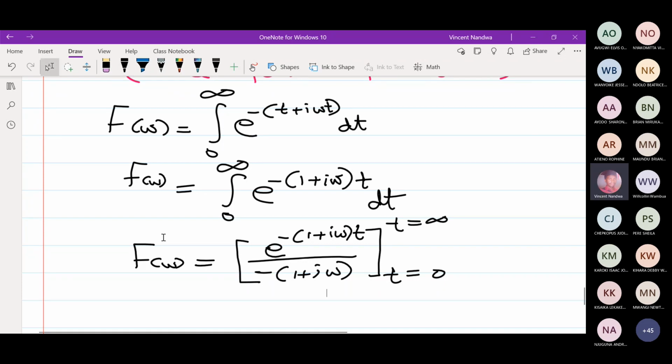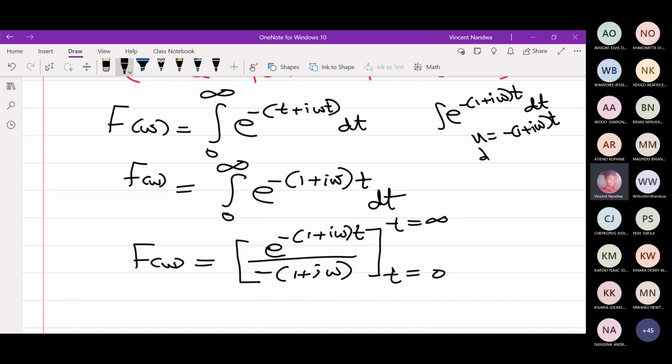So note what is being done just now: the key problem was to integrate e power negative (1 plus i omega) t dt. So let u be negative (1 plus i omega) t.